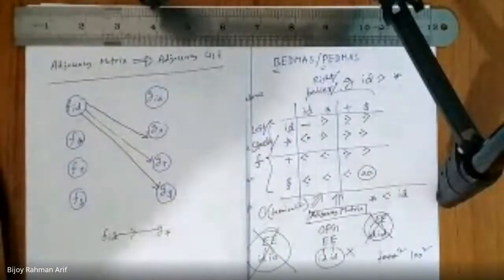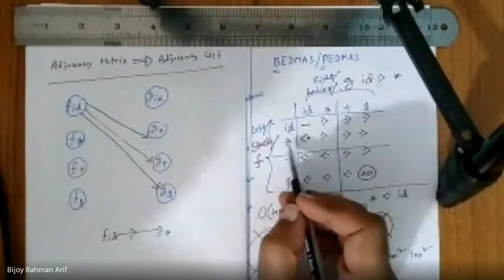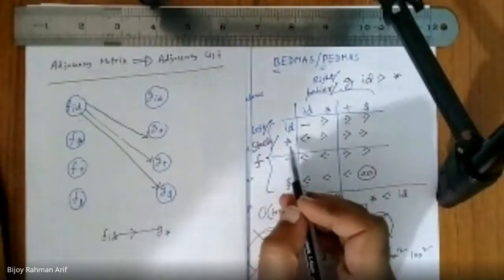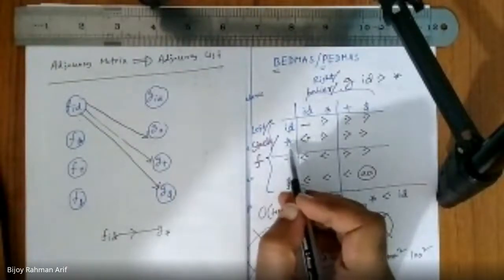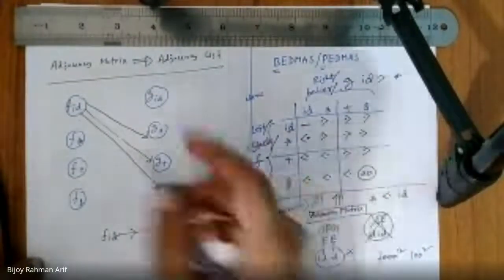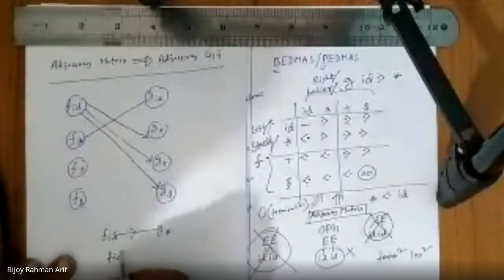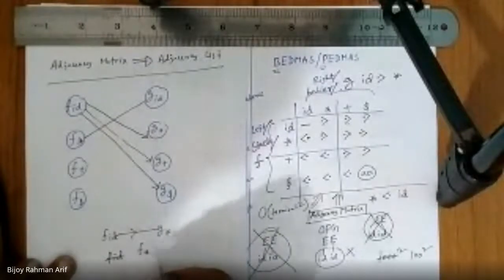Now let's go to F star. F star and G ID, which one is bigger? G ID. So it should be like this. So F star and G ID, it is something like this.